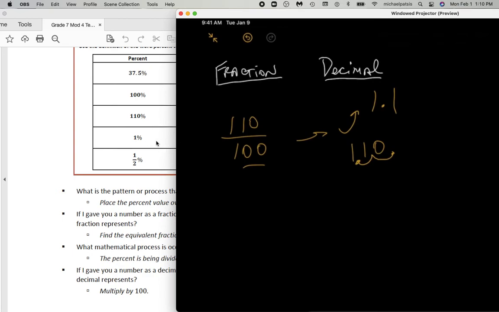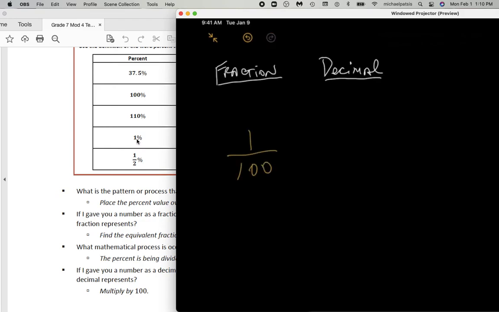Let's go to 1% now. 1%, because of that percent sign, we are allowed to replace it with a 1 over 100. 1 over 100, we know that we start out with the decimal point right there. Since we're dividing by 100, we're going to move this decimal place 2 places, and we're going to get 0.01.